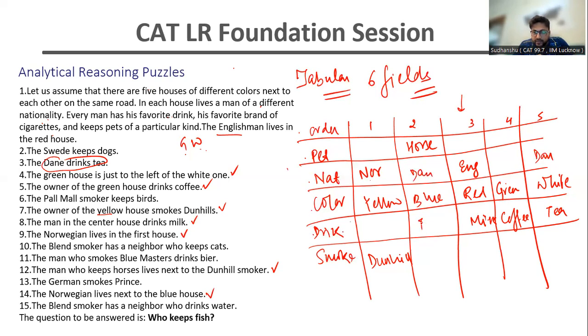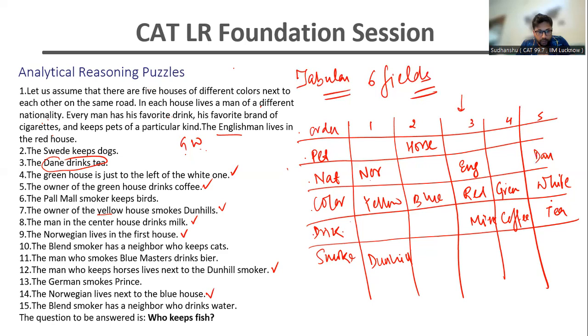Let us take one of the possibilities. If the possibility is incorrect, it will reveal itself, so don't worry about it. But there are only 2 possibilities, and I am aware of both. The mistake is that I am not aware of one. If I am not aware of one of the possibilities, that's a big mistake in LR. So the Dane drinks tea is something which I know.